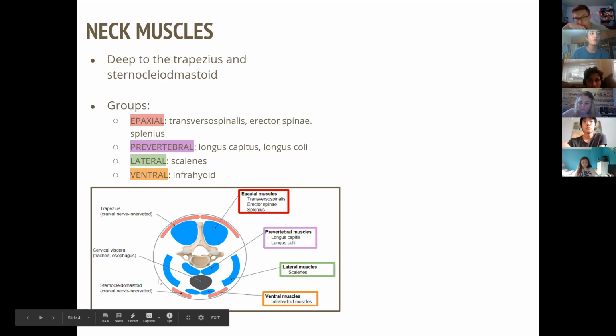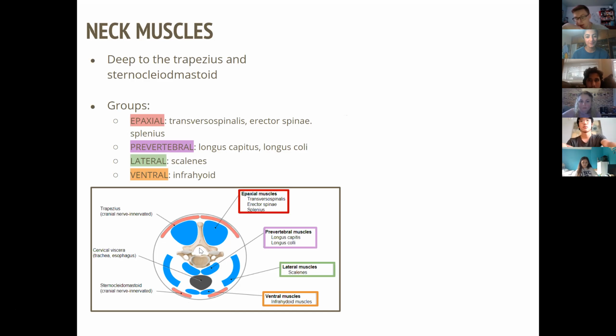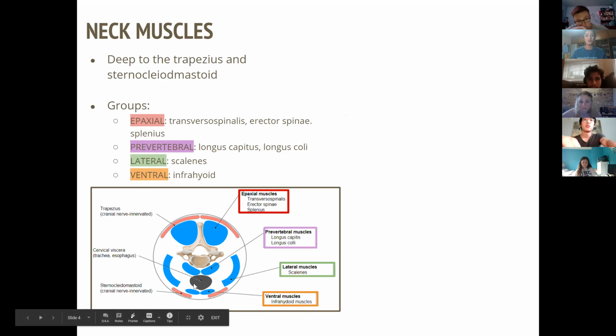So these are innervated by cranial nerves versus these neck muscles that we're talking about. They are innervated by the opposite. Spinal nerves. Spinal nerves, exactly. So those are two different distinctions. Just make sure that when you see lab materials from 5 and 6 mixed together, you're keeping that separate.